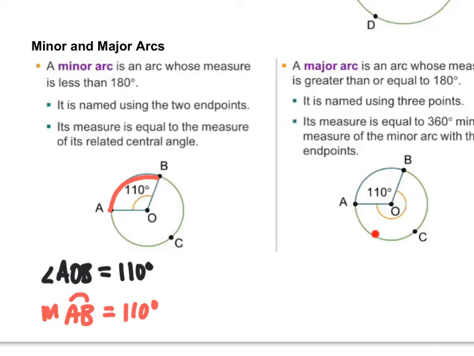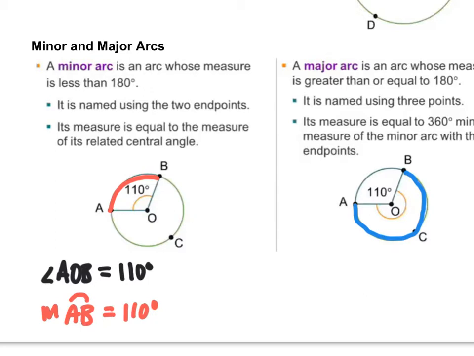Now my major arc here, let's highlight that. Your major arc is you taking 360 degrees, which is the total revolution, minus 110, which gives you 250 degrees.